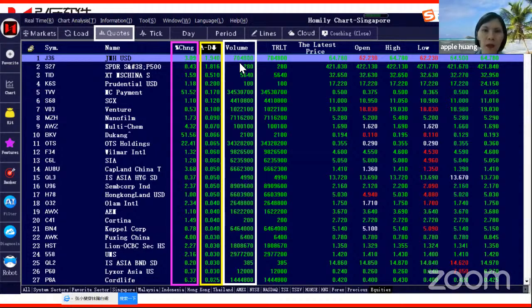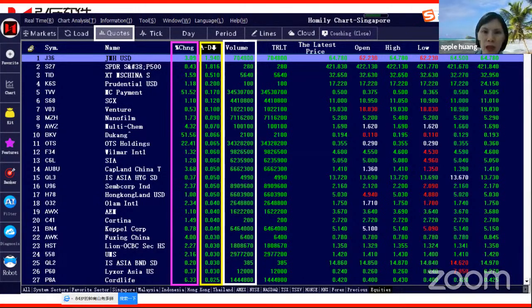And you can also use this A minus D. This item is actually an absolute number, not a percentage. It's just the present price minus yesterday's closing price.